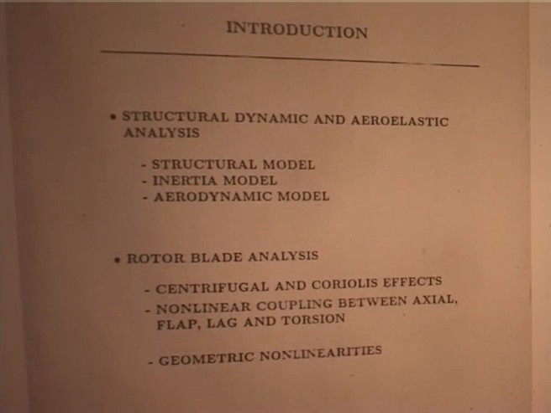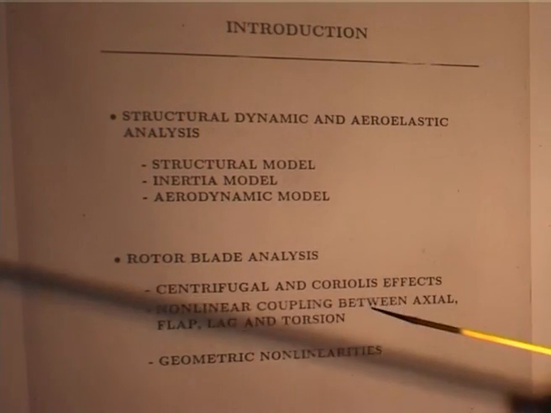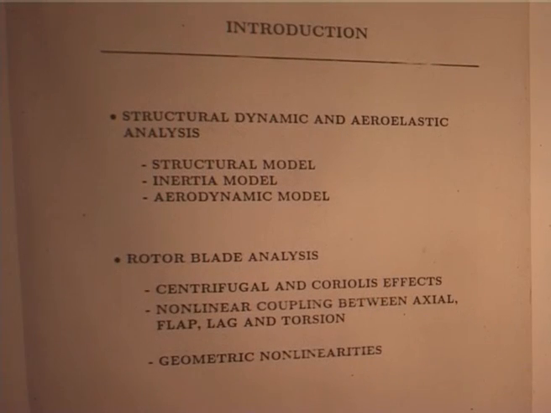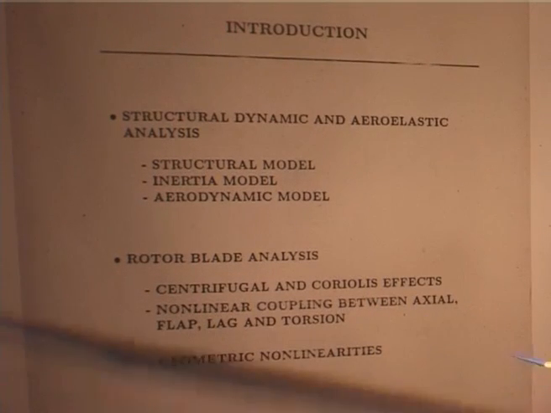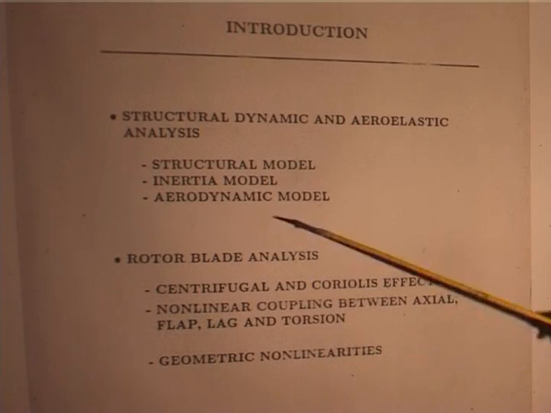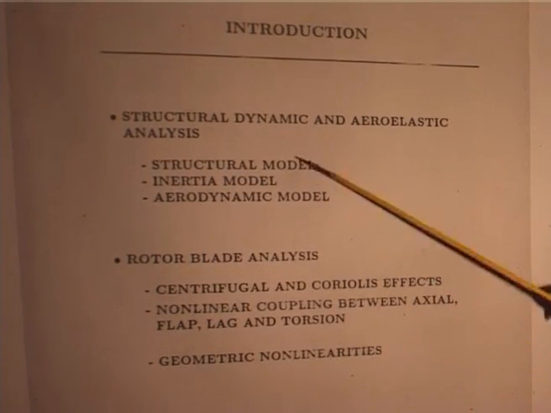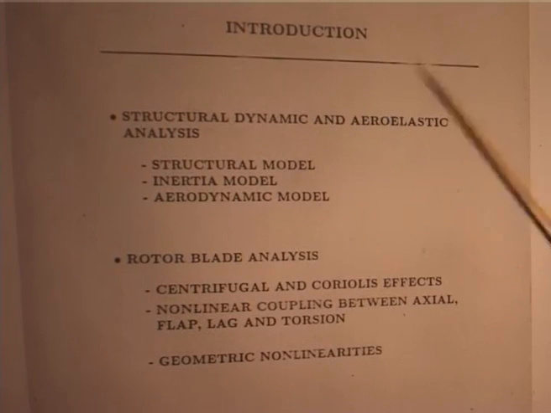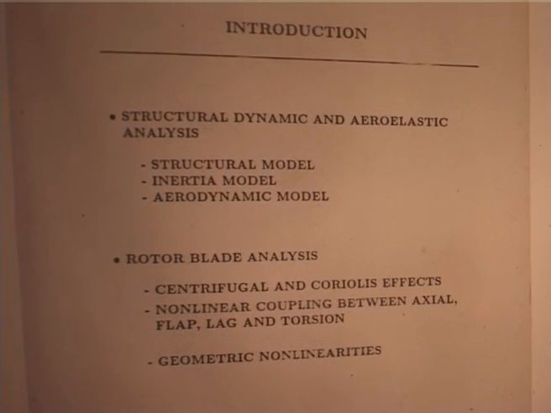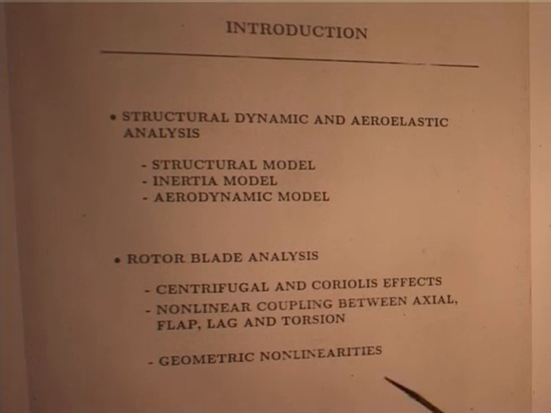Structural model means essentially how the elastic properties vary along the blade. It is a beam type structure, because a helicopter rotor blade is always analyzed as a beam. Then of course, you have to have an inertia model, then the aerodynamic model. These three if you have, you can study structural dynamics and aeroelastic analysis of rotor blades.